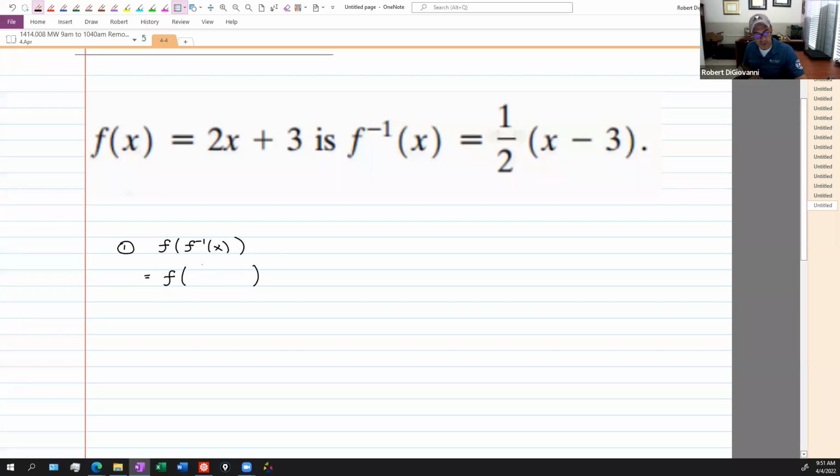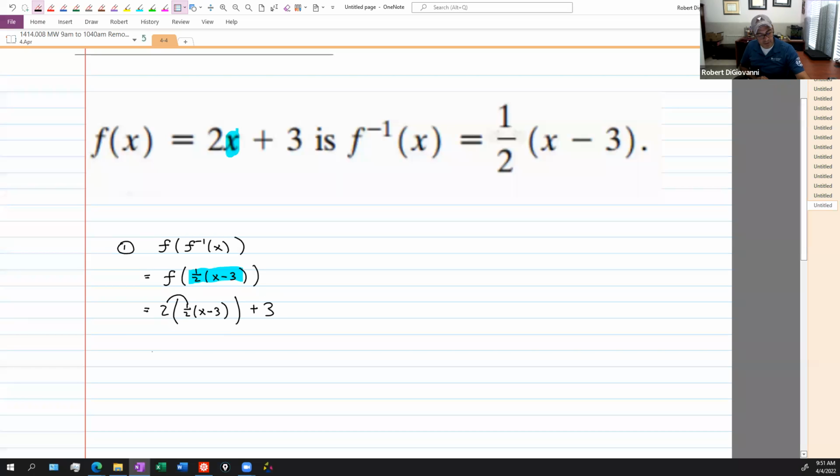Inside of it goes the inverse function, 1/2 x minus 3. That will get plugged in for x on the original function f. So this is 2 times 1/2 x minus 3. I do 2 times that first, then plus 3. And this better turn out to be x.